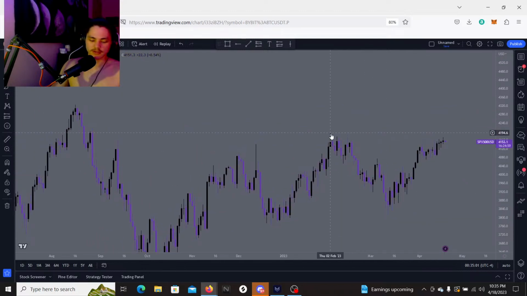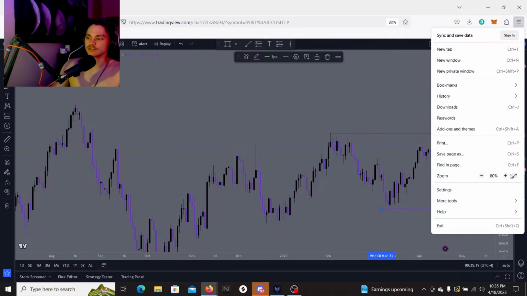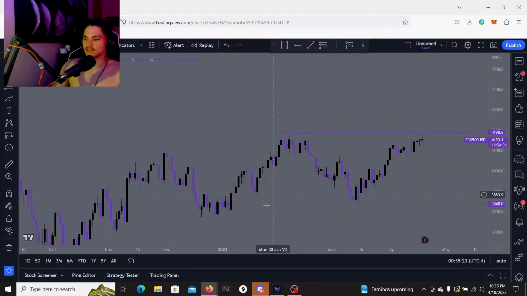All right, we're going to first mark out areas of liquidity, the major areas. Wow, I really cannot see these charts that well. Maybe it was a bad idea zooming out because I can't see anything. Okay, that's actually a lot better.